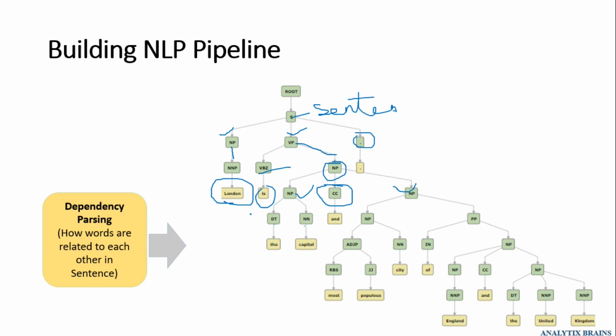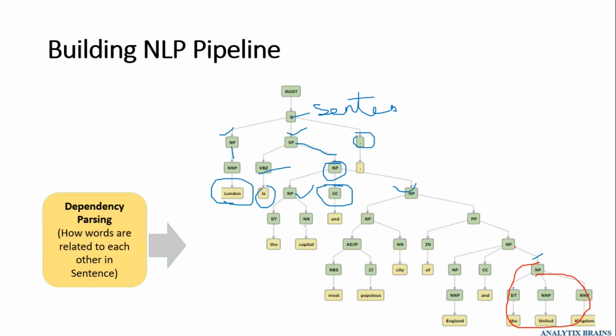Whatever POS tagging we had done for the sentence, based on those we have the dependency tree. We can use this tree to extract meaningful information, or also extract the noun phrases from it. If we cut our tree from here and want to extract only noun phrases, what information will we get? The first noun phrase is the United Kingdom.